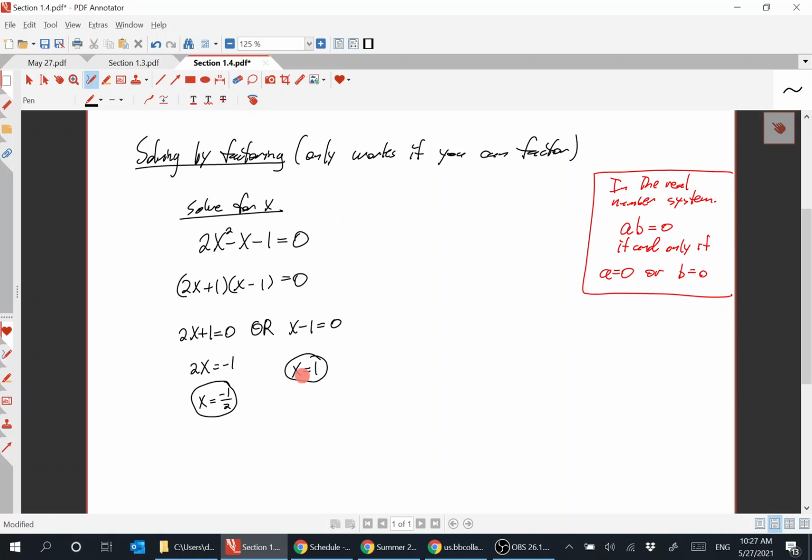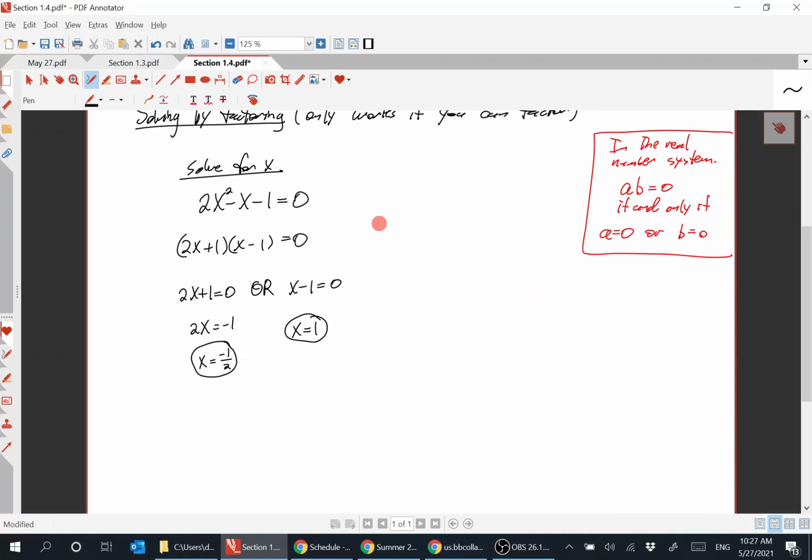Sometimes you just get 1, but you'll often get 2 solutions. So here you have x equal to negative 1/2 and x equal to 1. Let's check that. 2 times negative 1/2 squared minus negative 1/2 minus 1. Negative 1/2 squared is a quarter.